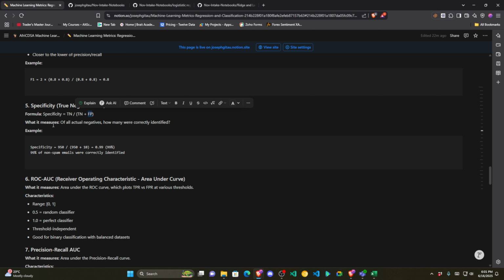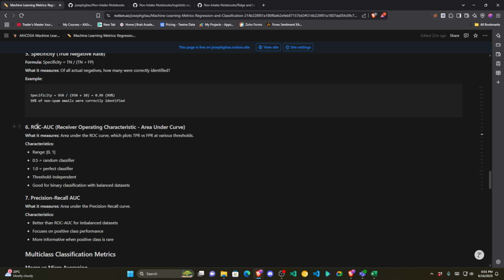This is specificity; recall is sensitivity. What it measures is, of all actual negatives, how many were correctly identified. Remember, precision is the opposite of specificity, because precision is of all actual positives, how many were correctly identified. Sorry, it's actually supposed to be the negative of recall.